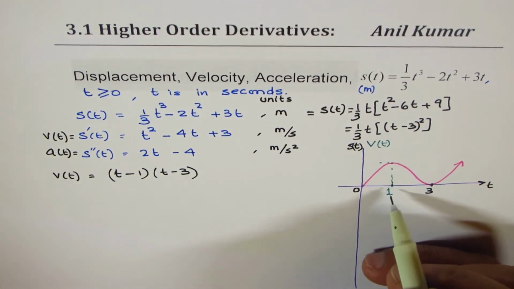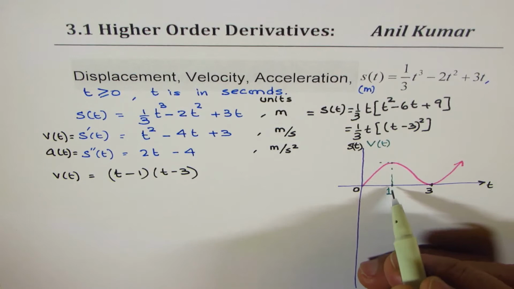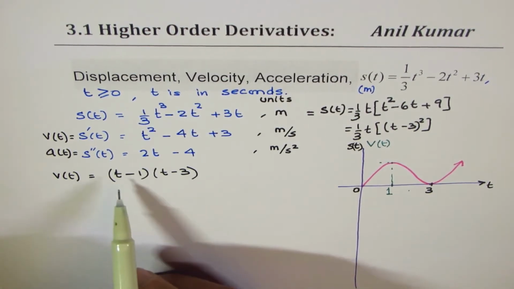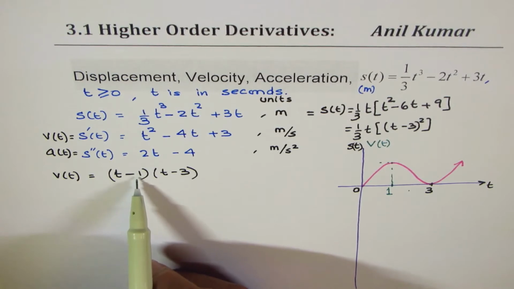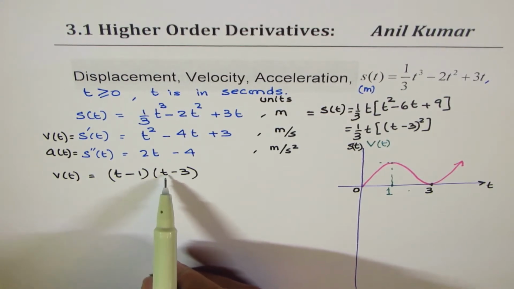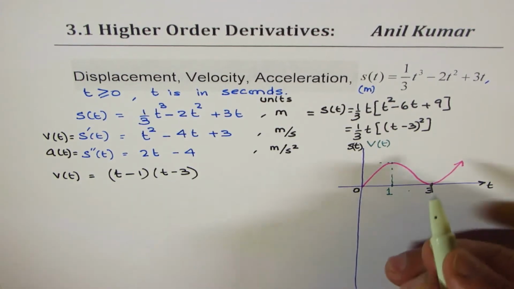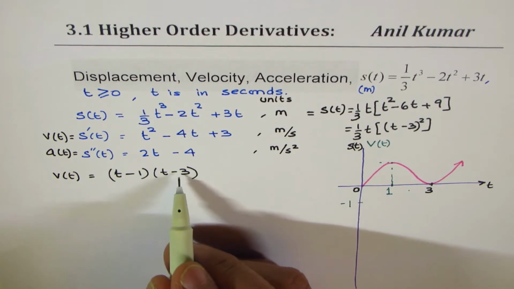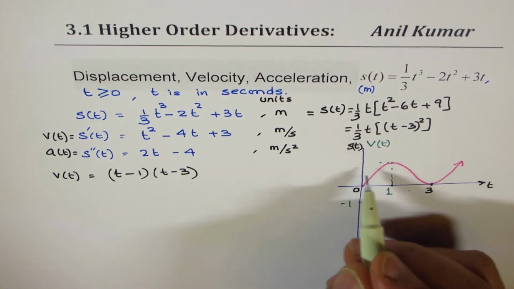Now, I'm not bothering about the scale so much, but we are more concerned about the nature of the graph. But anyway, if I take a value which is kind of 2, then 2 minus 1 is positive 1, but this is negative 1. So that gives me negative 1 as the value, right? So we get a negative 1 value, and for t equals 0, we get positive 3 value.